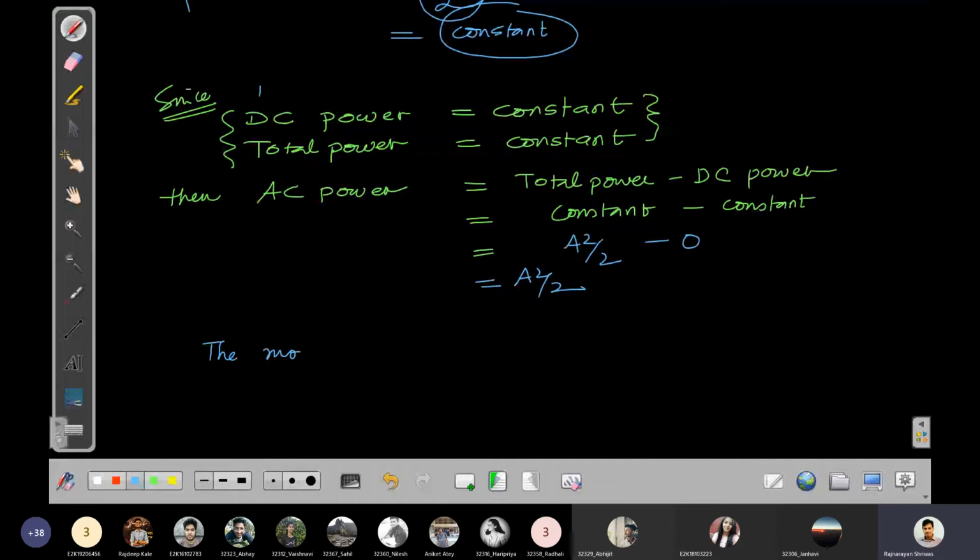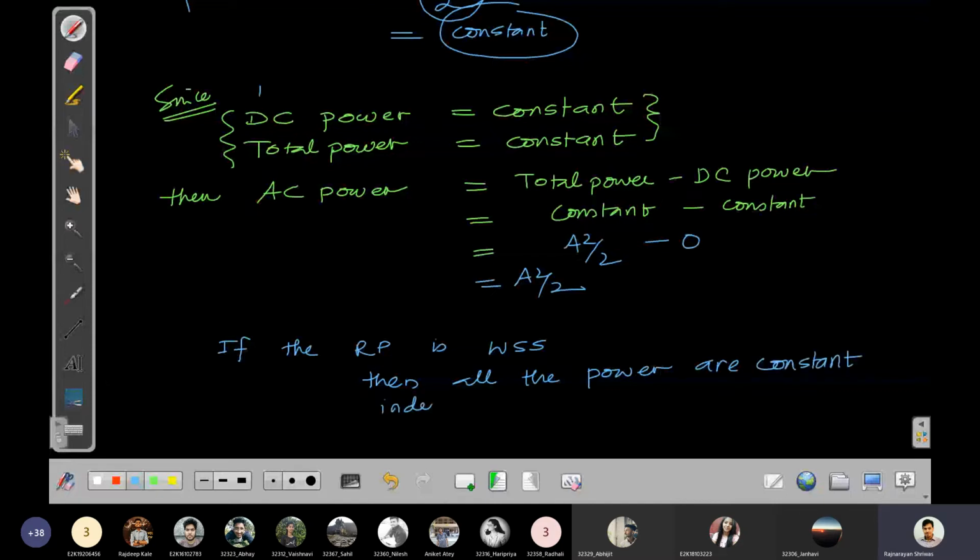If the random process is WSS, then all the powers are constant, independent of time.